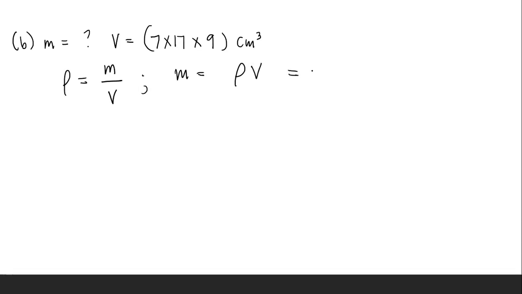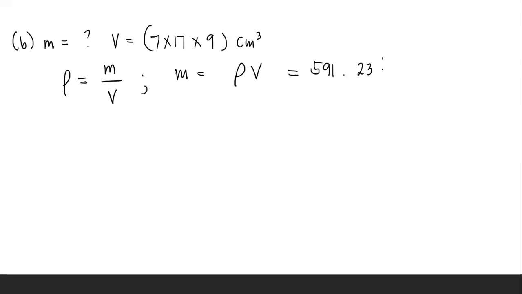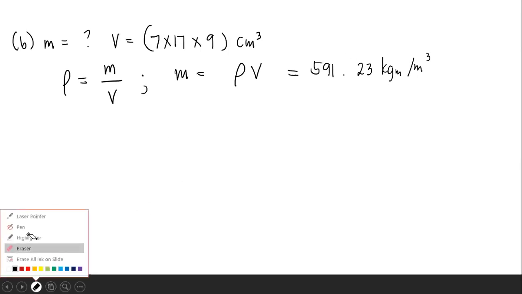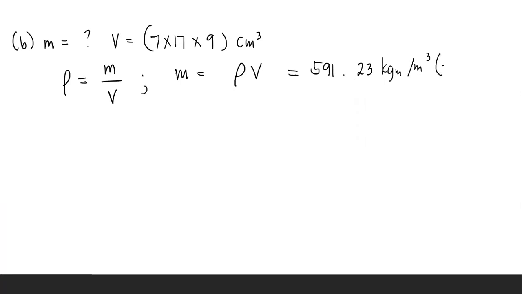The density is 591.23 kilogram mass per cubic meter, multiplied by the volume of 7 by 17 by 9 cubic centimeter.